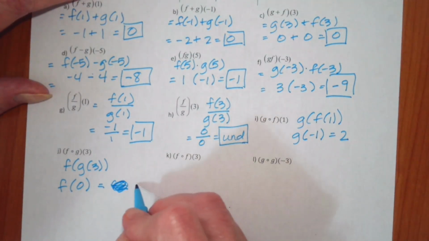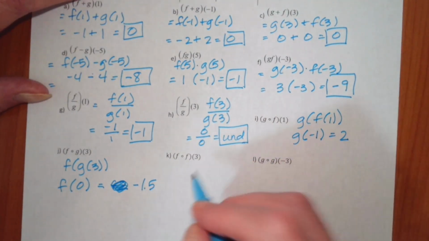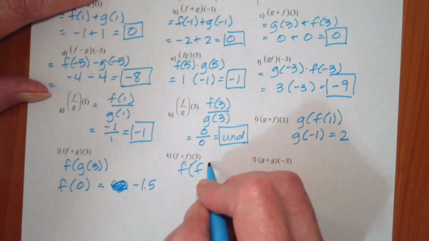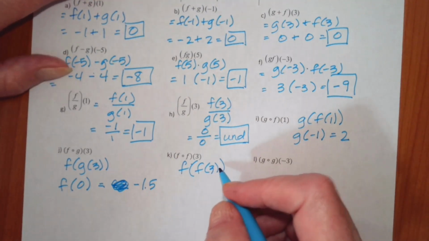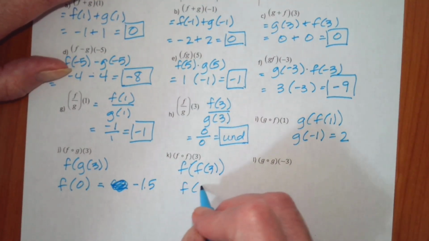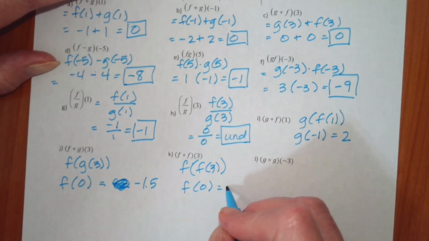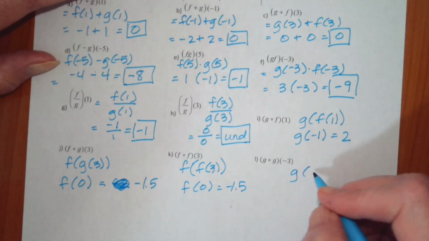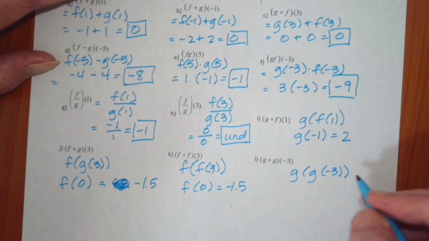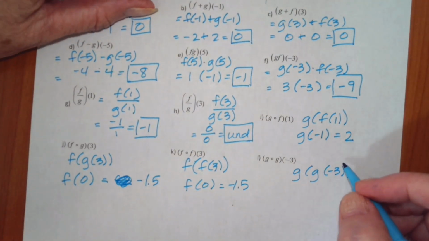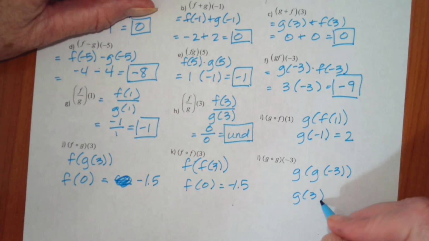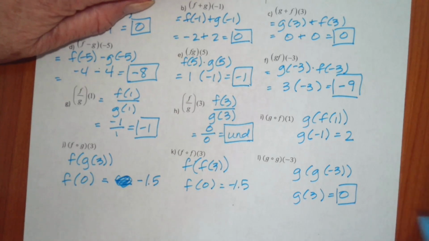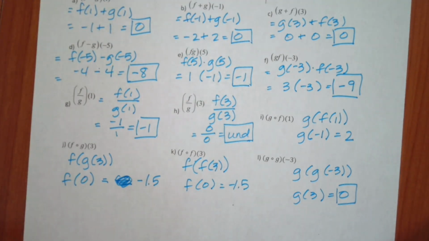I'm sorry, I wasn't looking at the graph. Now, f dot f of 3 means f of f of 3. Well, f of 3 is 0, so I want to find f of 0, which is negative 1.5. And this is g of g of negative 3. Well, g of negative 3 is 3, and g of 3 is 0. The end.